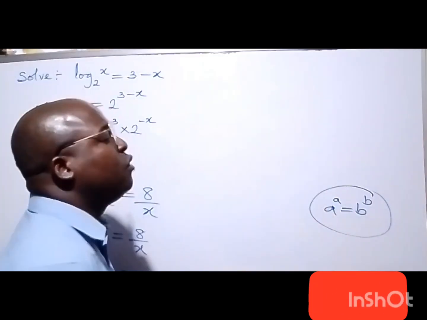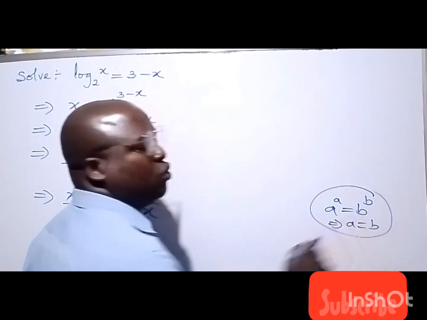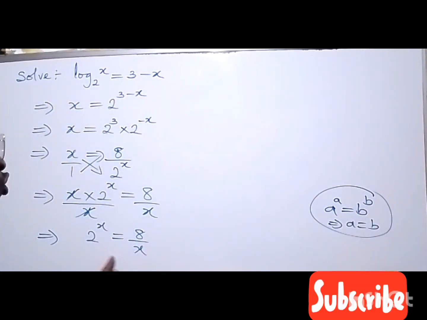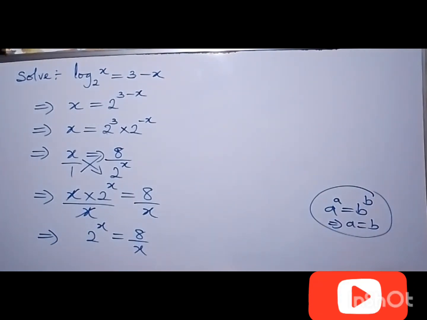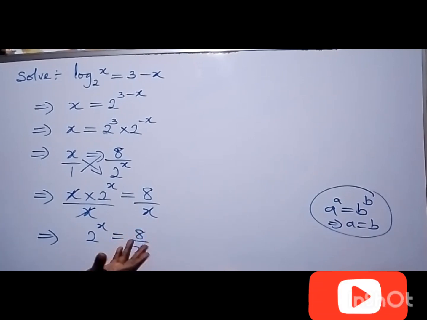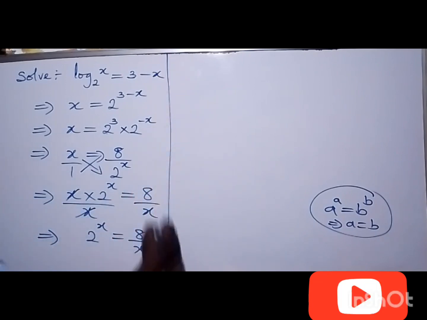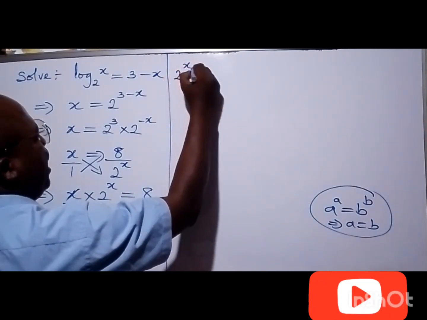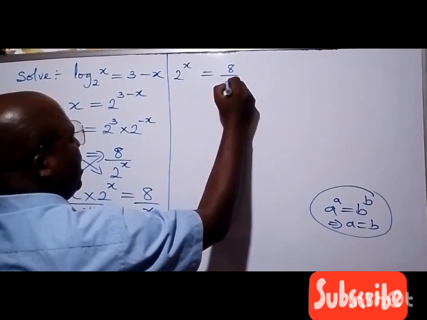So the answer here implies a is equal to b. But if you look at the left hand side, we have 8 over x. For me to go further, I can raise both sides to this power.